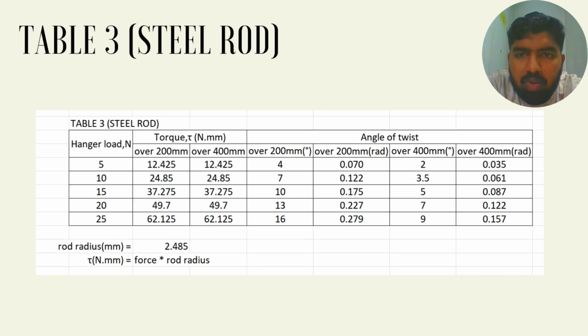For the third table, we've got steel rod data, similar to table 1 and table 2. The only thing that is different is the rod radius, which is 2.485. And since the radius is different, the torque will also be different, and the angle of twist will also be different.